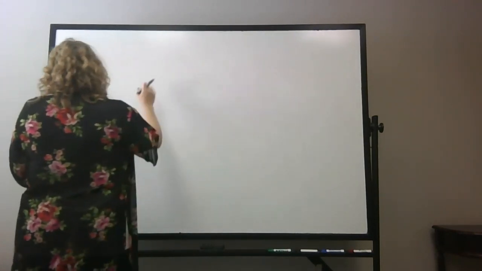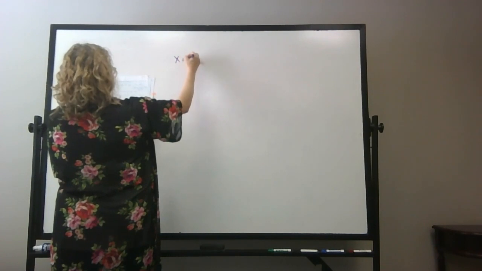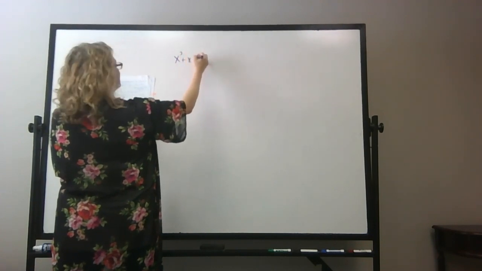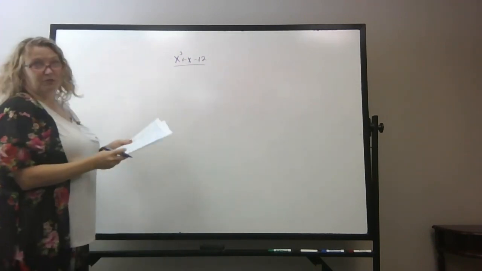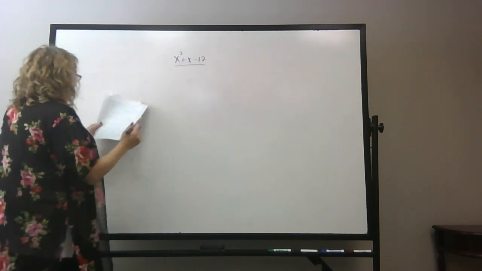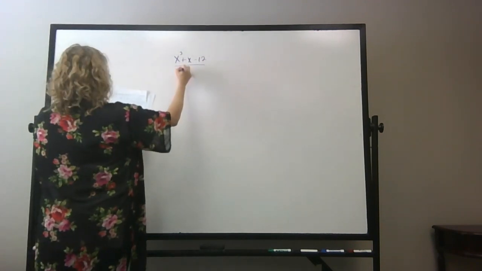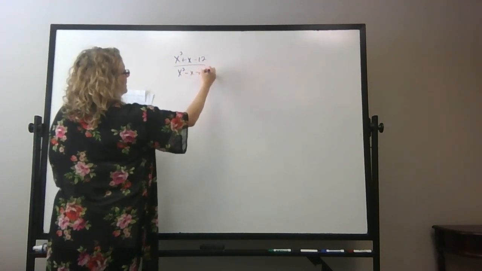And let's look if we have x squared plus x minus 12. We also have x squared plus x minus 12. My denominator is going to be x squared minus x minus 20.